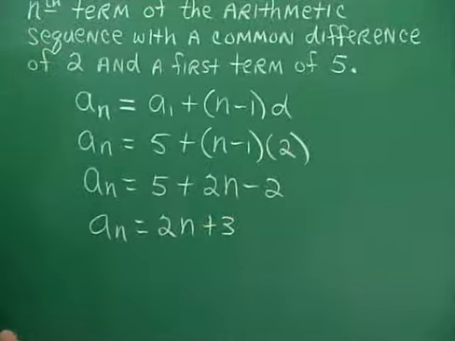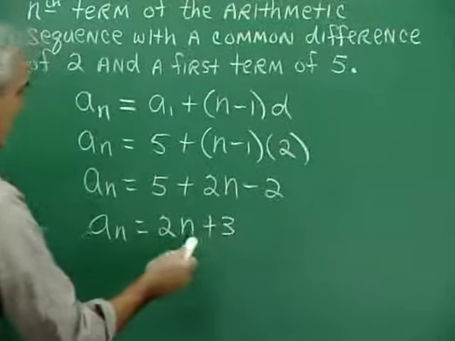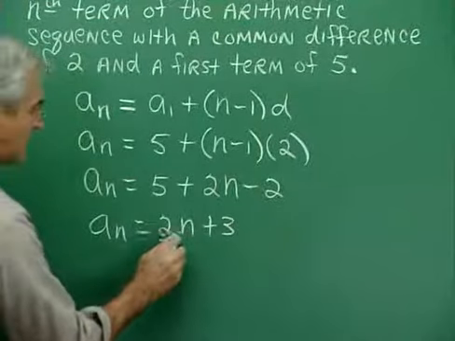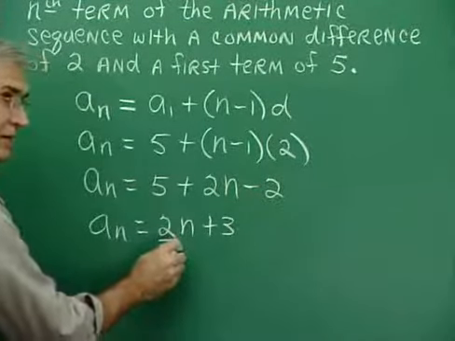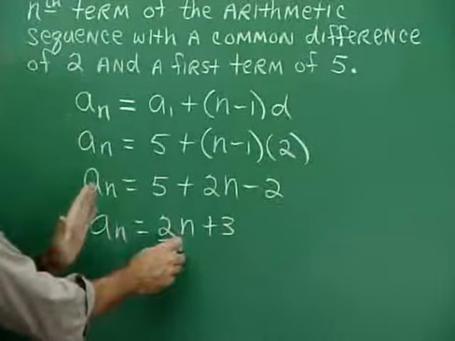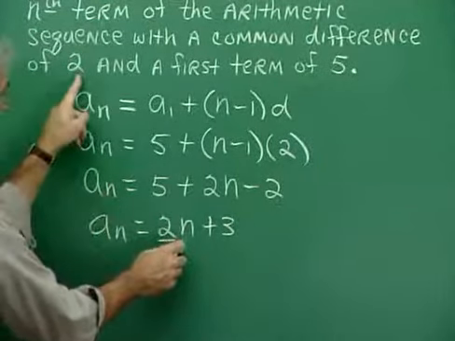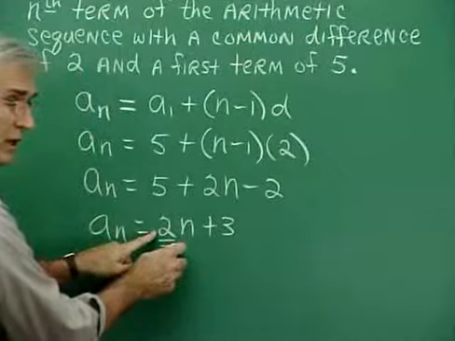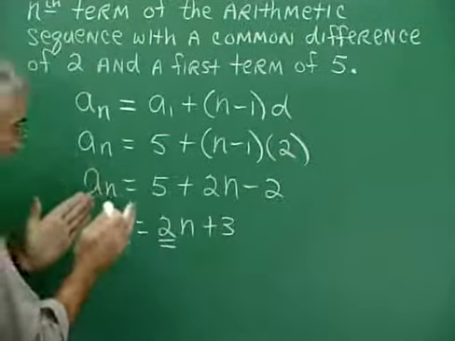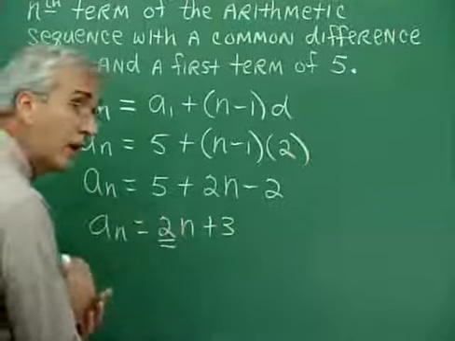One important aspect of this expression, when we can see a distinct coefficient of the counting mechanism, it turns out that that coefficient of the counting mechanism is the common difference involved in the sequence. Now we're told that the difference is 2 here and we have a 2 here. But if we're not told, if we have an expression, then that coefficient of the counting mechanism will be the common difference.